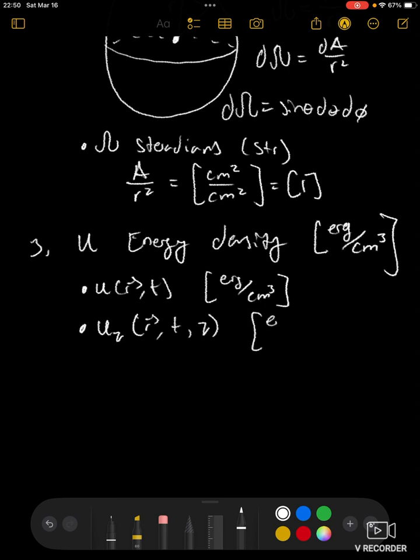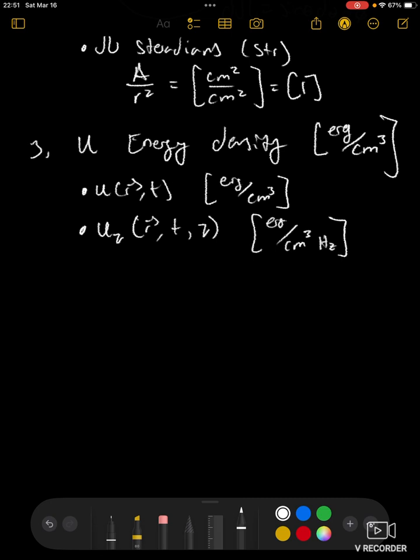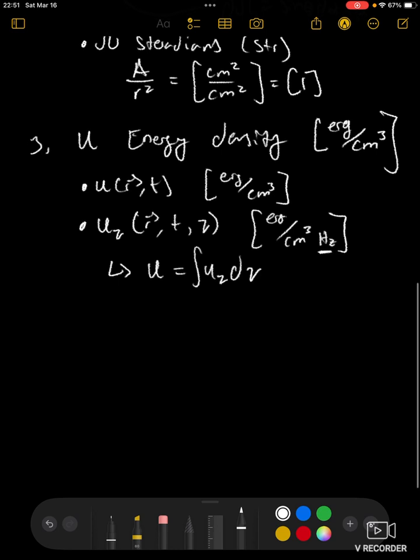And so then that would be in terms of energy density per hertz right here. This would be where U is equal to the integral of U nu d nu. So essentially it would just be differentiating out this hertz term, this frequency term.